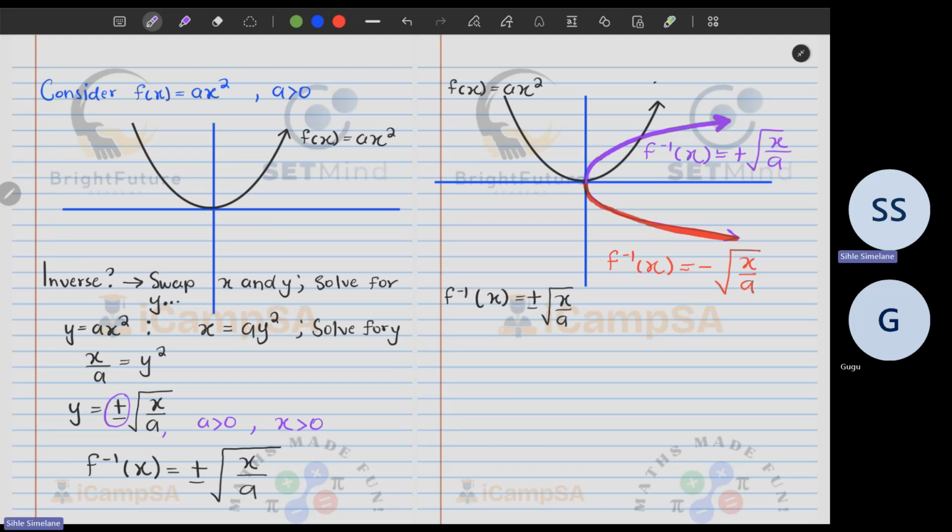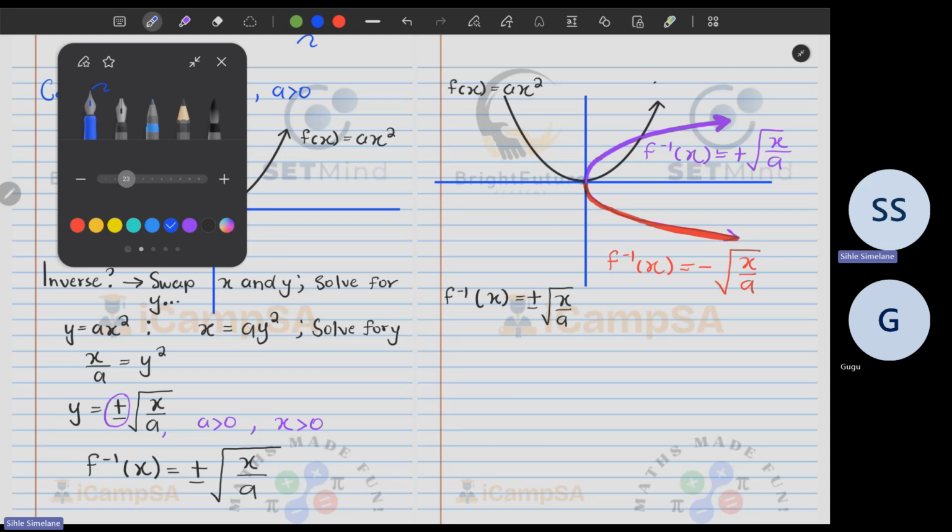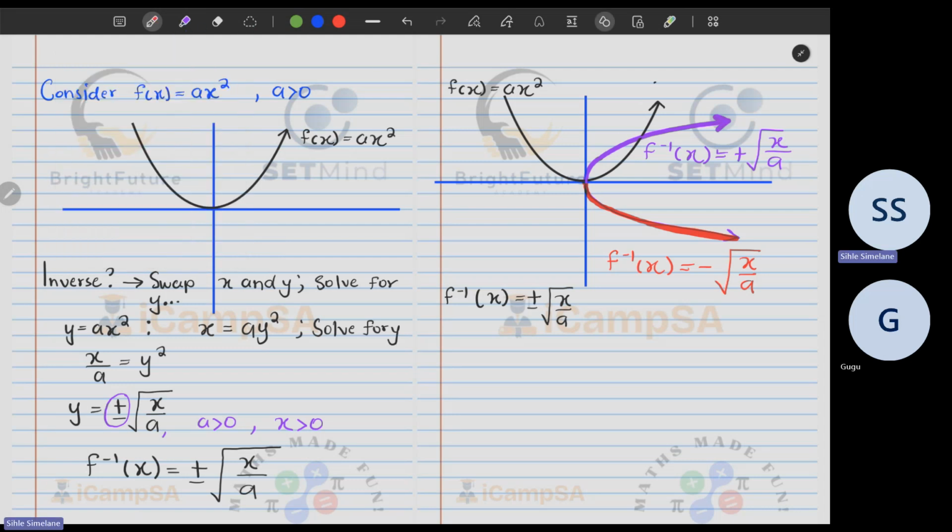Meaning, now that we have our inverse, in order for us to tell which of the two graphs we are working with, because if you look carefully, this inverse is definitely not a function. If we draw a vertical line like this, it fails the vertical line test because we are crossing there and there.